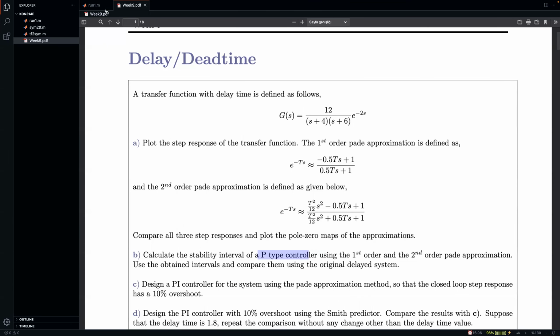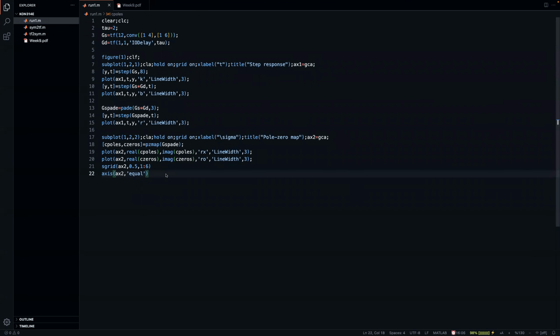So let's use this. Where do we have it? There we go. Now let's start with the first order Padé approximation. Let me take this one here, maybe leave it at 2.